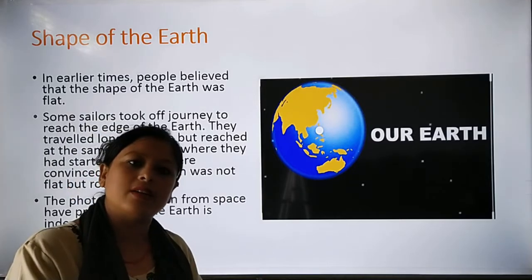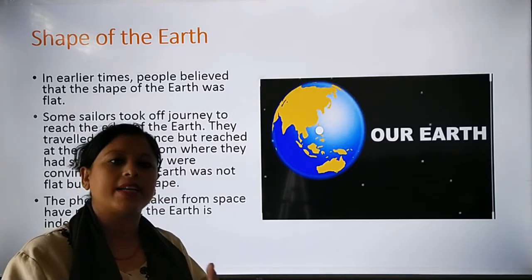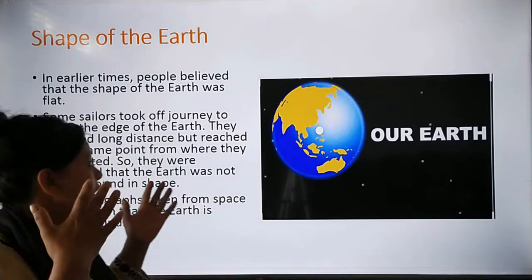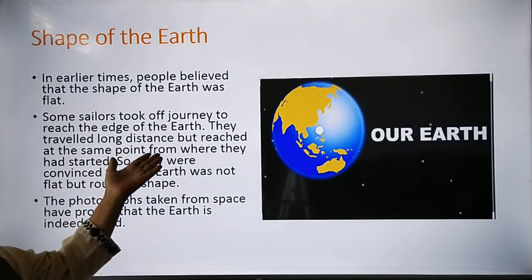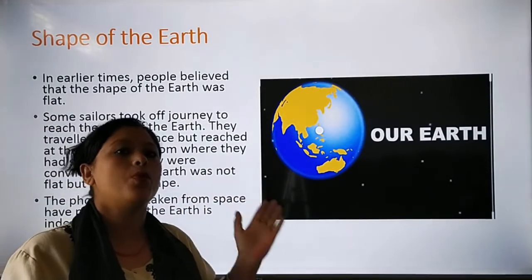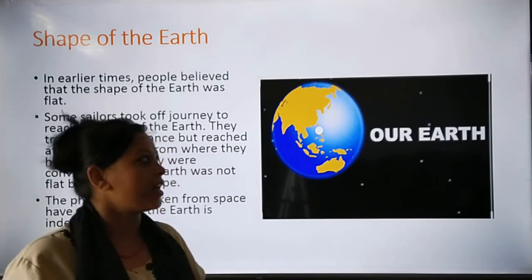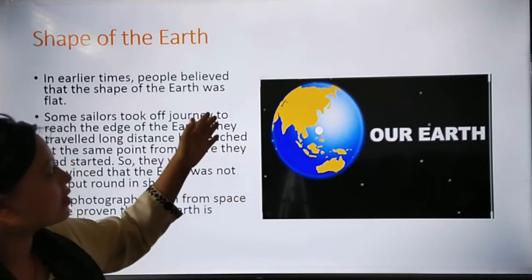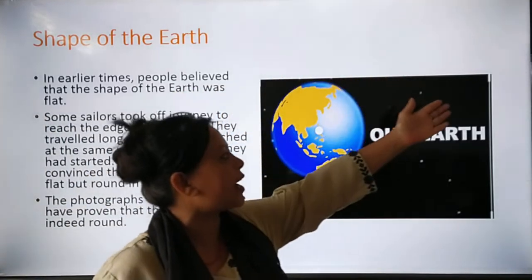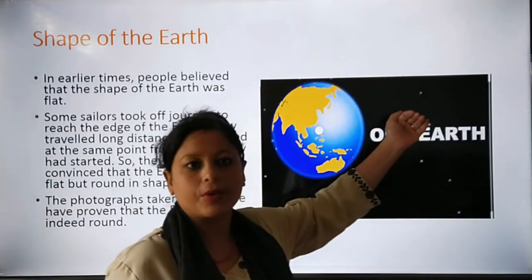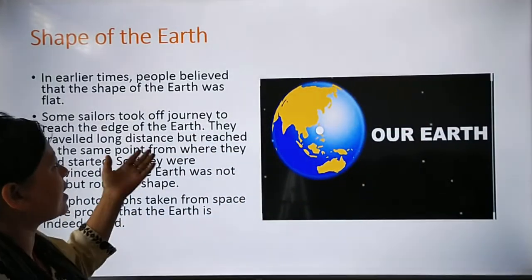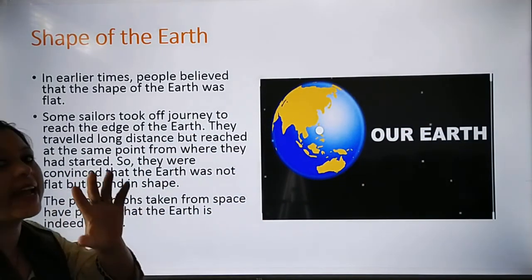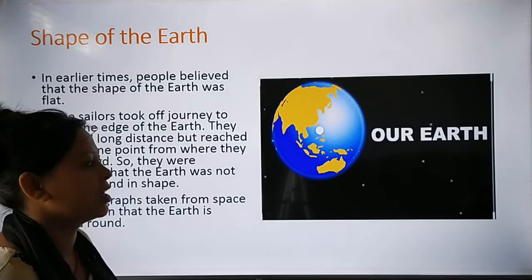So they started their journey to reach the edge of the earth, the end point of the earth. If the earth is flat, then from the starting point they would reach the end point, isn't it?